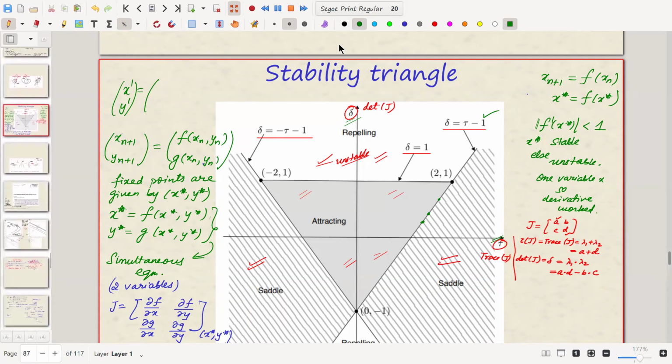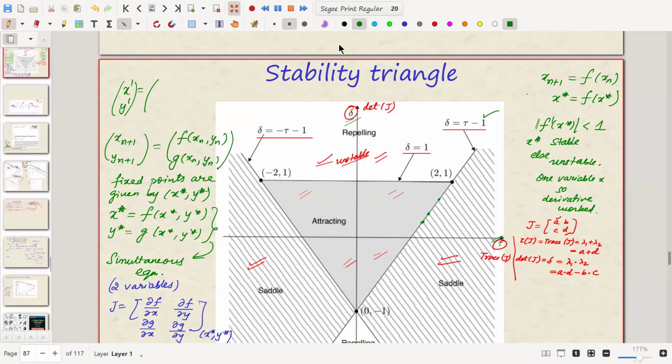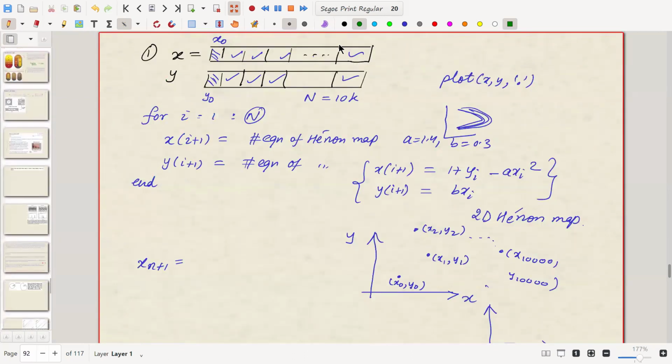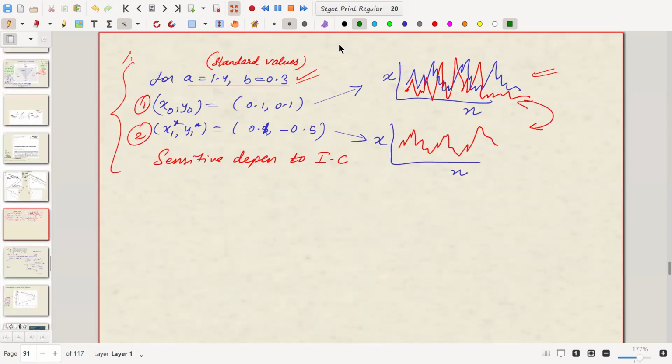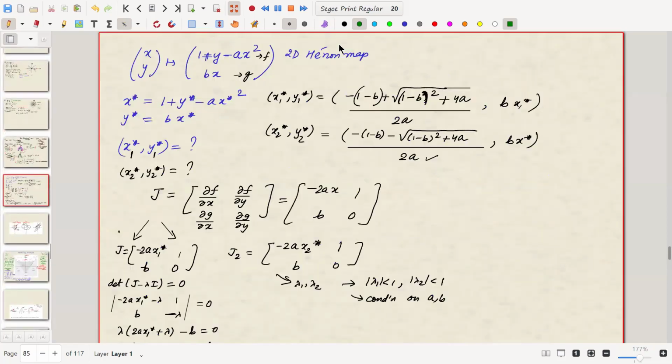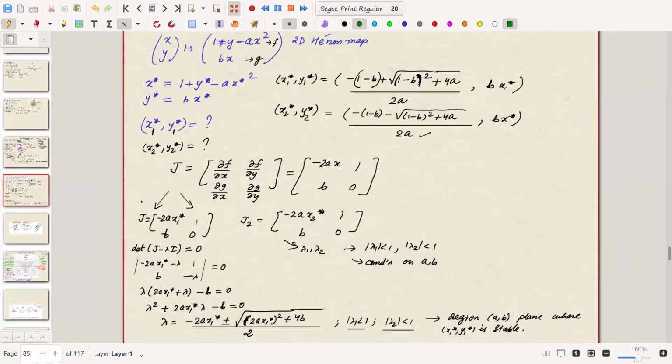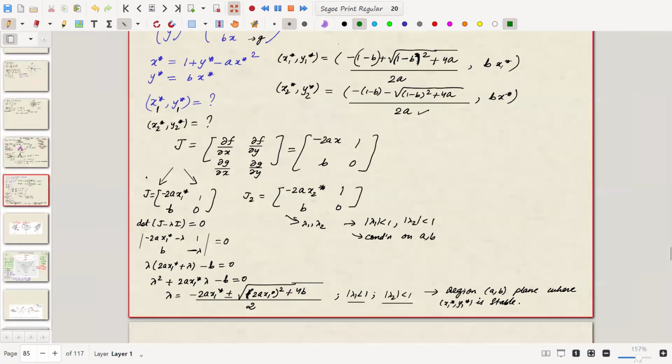So coming to your problem here, is it this one? Now can you tell me what is the trace of J1? Trace of J1 is minus 2a x1 star, isn't it?